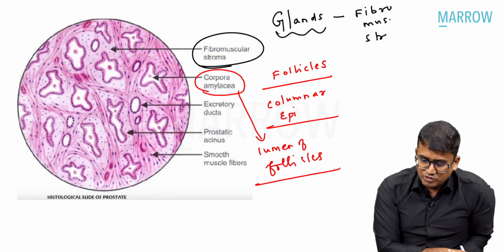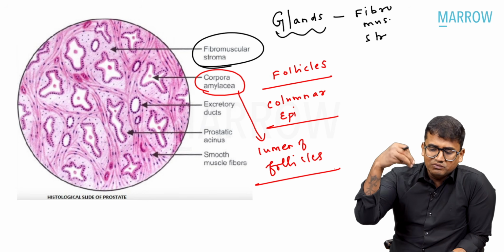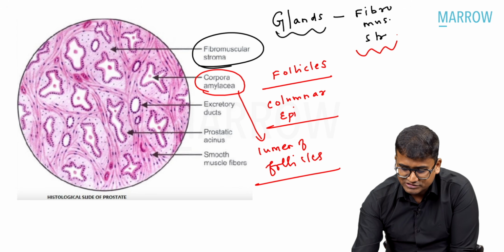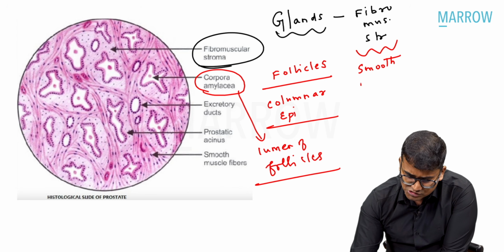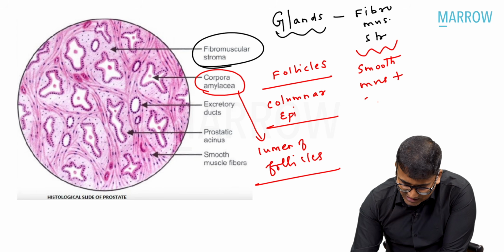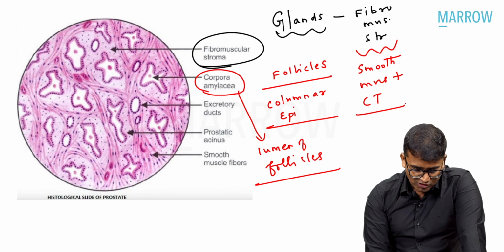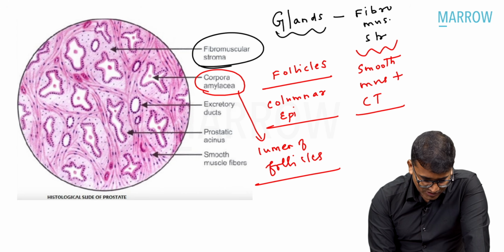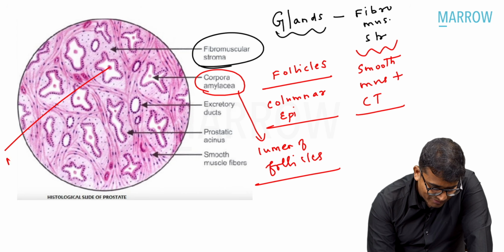Next, fibromuscular stroma. The name itself gives a clue, it contains muscle and connective tissue. What muscle? Smooth muscle fiber. Smooth muscle fiber plus connective tissue is present. Okay, this is the feature of the prostate gland, and in the diagram the marking was given here.